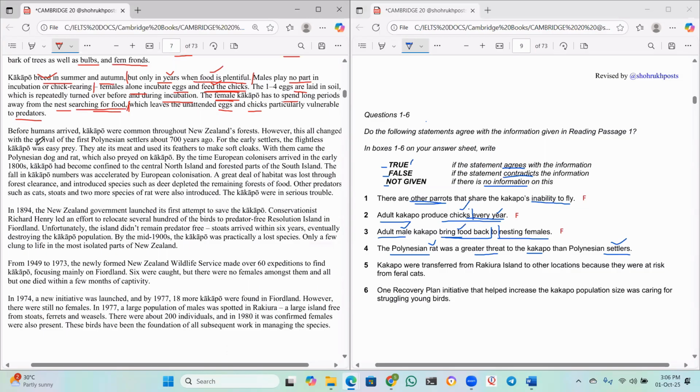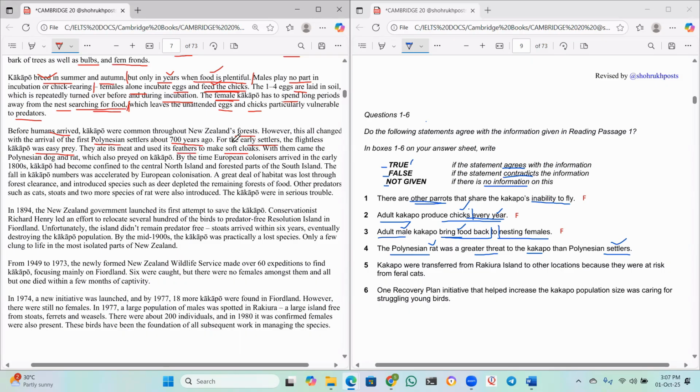Now let's read the next paragraph. Before humans arrived, kakapo were common throughout New Zealand's forest. However, this all changed with the arrival of first Polynesian settlers about 700 years ago. For the early settlers, the flightless kakapo was easy prey. They ate its meat and used its feathers to make soft cloaks.